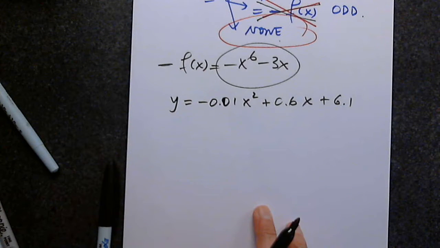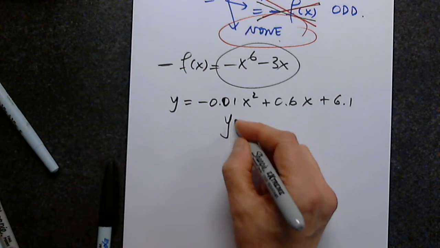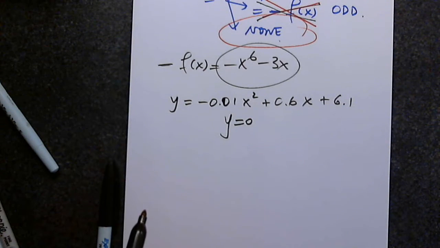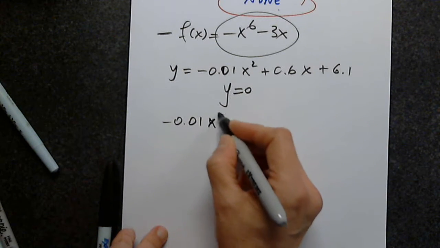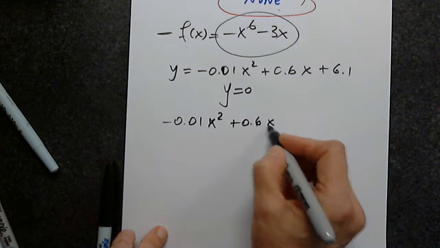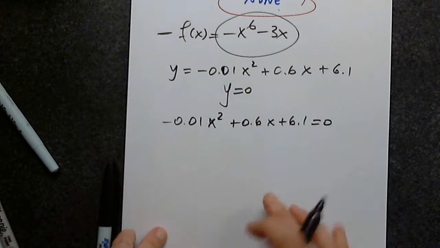I think it was solve for x, right? Yeah, do the quadratic equation for it. So you're telling us that we have to solve the equation y equals 0. Perfect. So then I have negative 0.01x squared plus 0.6x plus 6.1 equals 0.